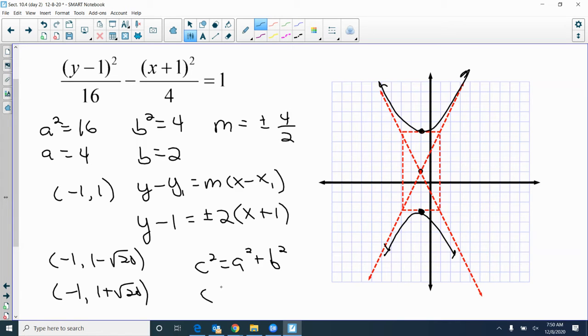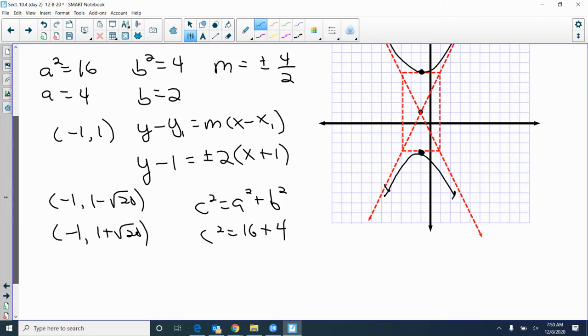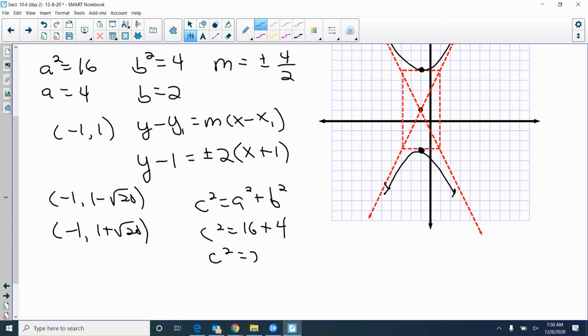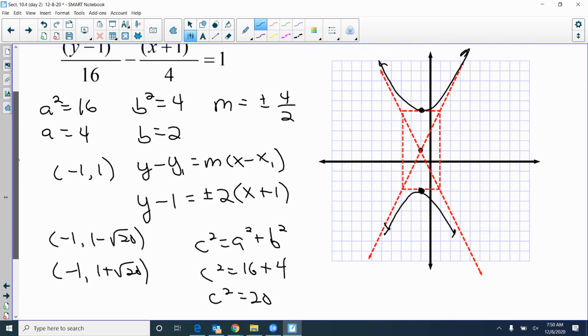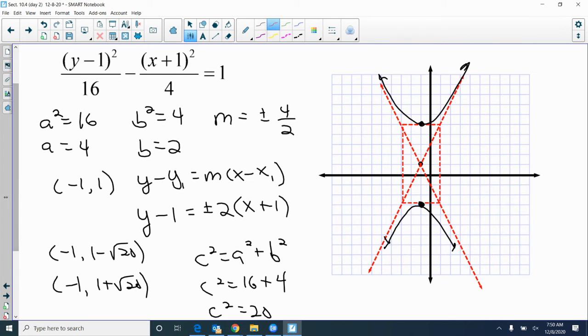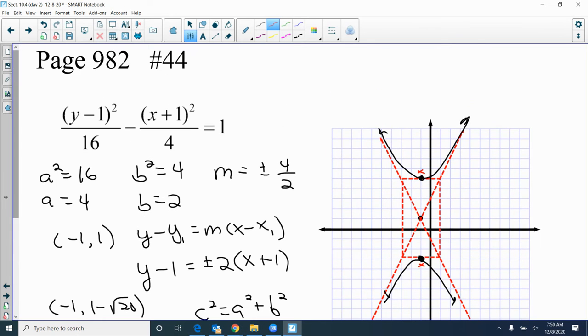So c squared will equal 16 plus 4. C squared equals 20. You're going to add that vertically. Square root of 20 is more than 4, but less than 5. So somewhere up in here. 1, 2, 3. Somewhere down there. Okay, for those. Question on 44?